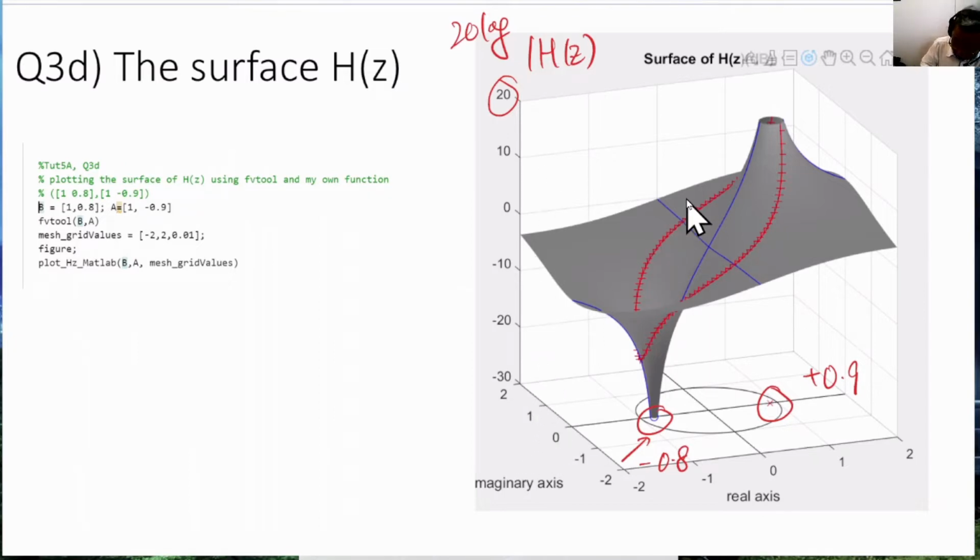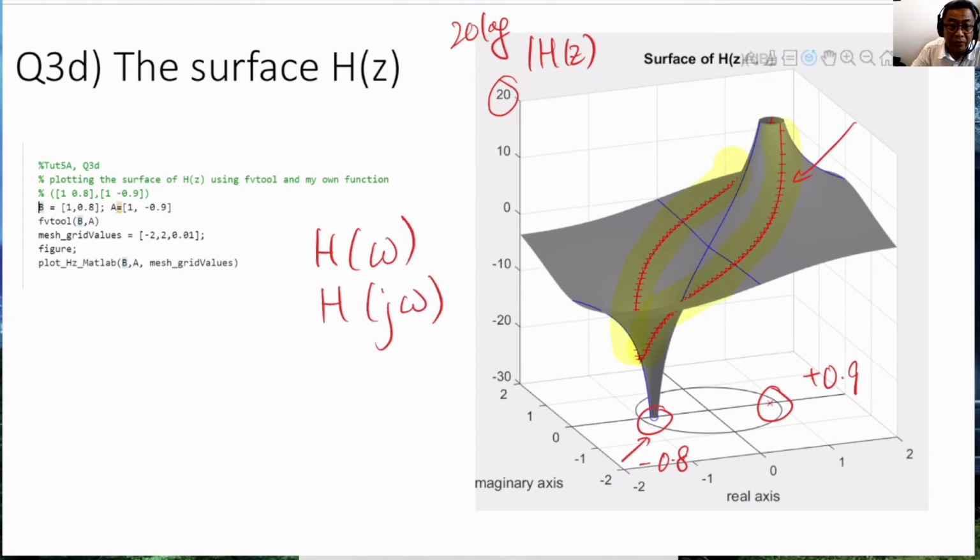And the red crosses here where I have shaded in yellow is the unit circle. So the surface of H(z) you can visualize, and the important part is where the unit circle is. This shape would be the frequency response H of omega, or sometimes I write H of j omega.